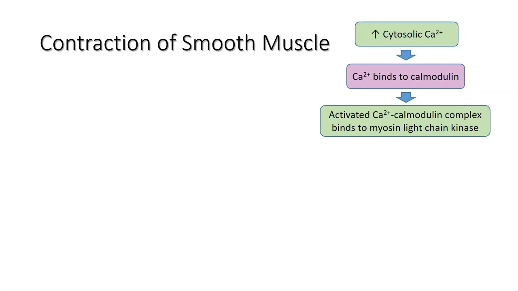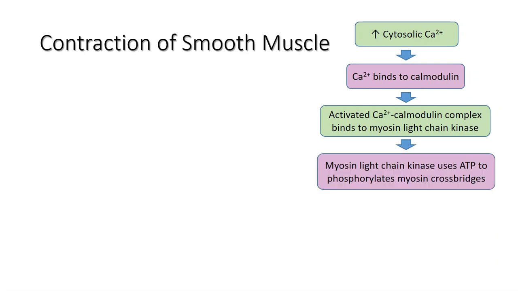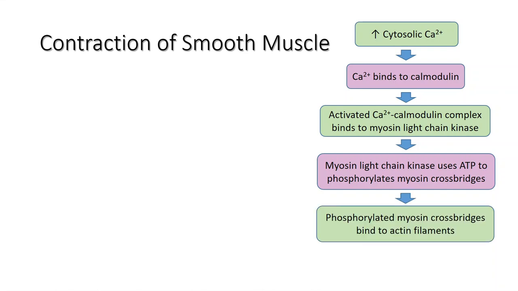Myosin light chain kinase activates the myosin heads by phosphorylating them. During this process, myosin kinase converts ATP to ADP and inorganic phosphate, with the inorganic phosphate attaching to the myosin head. The myosin heads can then attach to actin binding sites and pull on the thin filament.